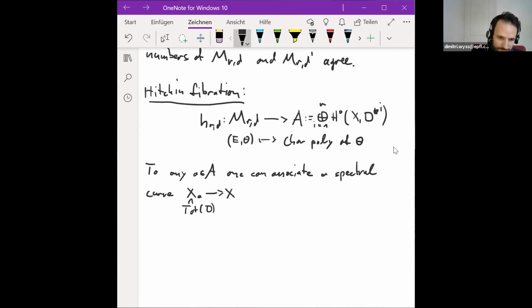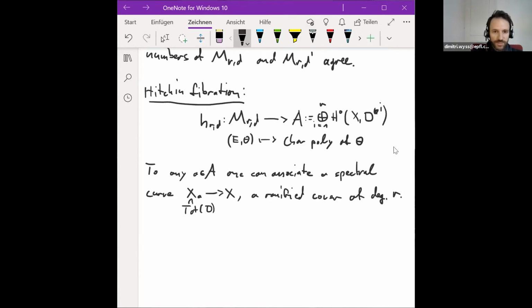So another way to say is that this is a ramified cover of degree R. So generically, over the curve X, there will be R points of the curve X_a.